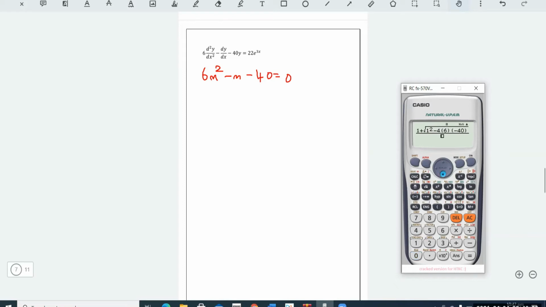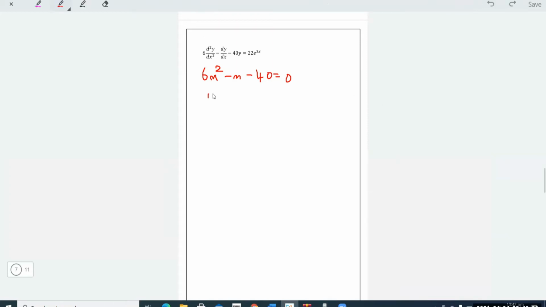This is being divided by 2 times a, which gives 8 over 3. So that's one possibility. m equals 8 over 3.